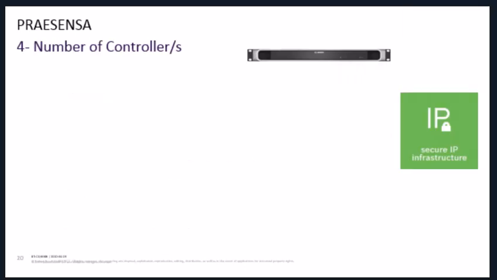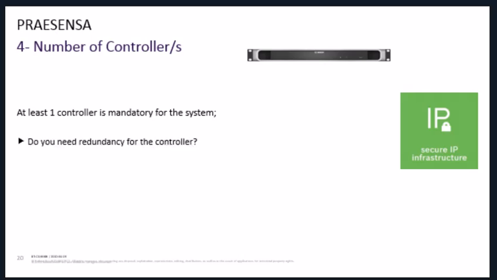Finally, the number of controllers. Because, of course, in the system you at least need one controller. It's mandatory. All systems have to have at least one controller. The question here: do you need redundancy for the controllers? If so, you can add a second controller to your offer.